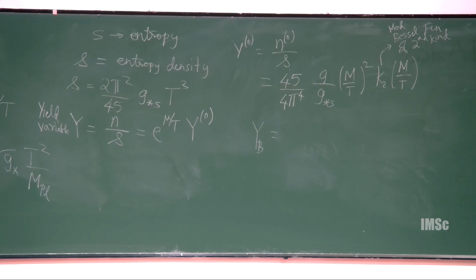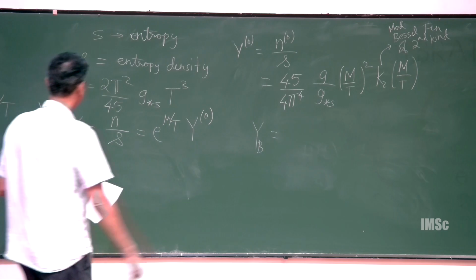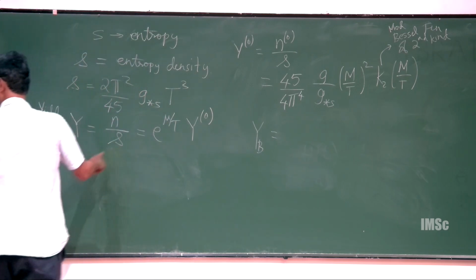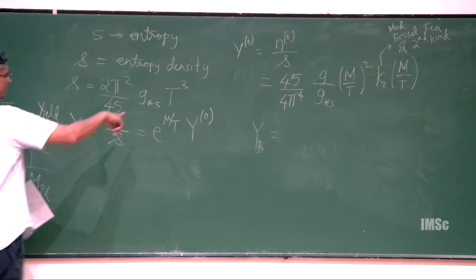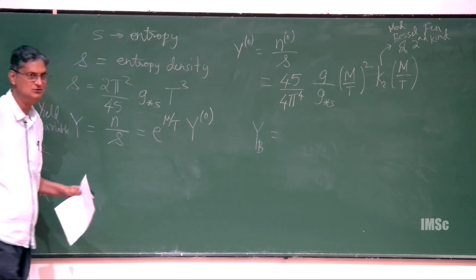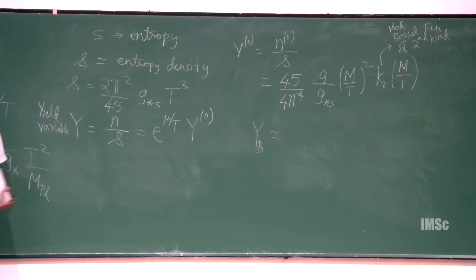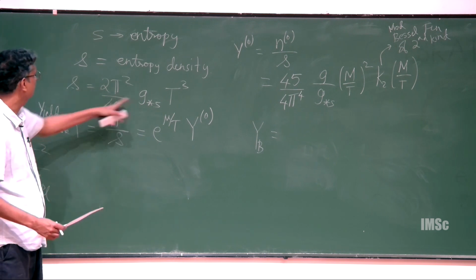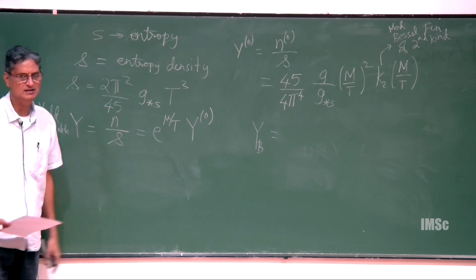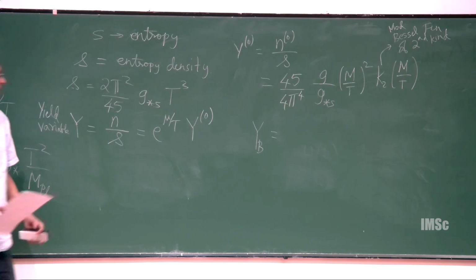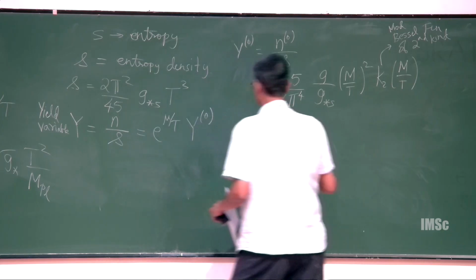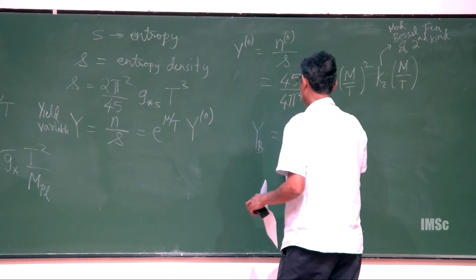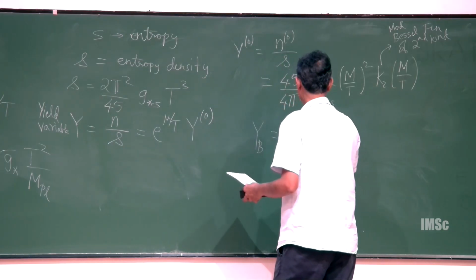and if I just divide by the entropy density today, right? So given that S has something, I can plug in today's temperature, which is 2.73 Kelvin, right? Then I will know the entropy density today, because I know what the degrees of freedom are today, right? So I can plug in all of that, and then I just divide by that entropy density, and what I will find is this number.